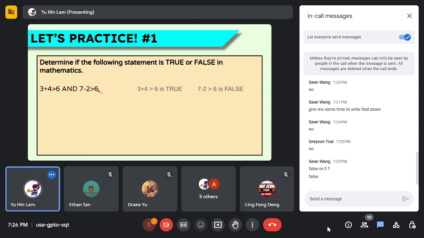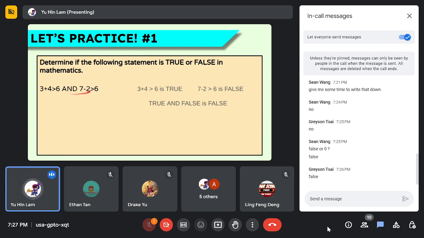And 5 is actually not greater than 6, so this will return a false. So when we have true and false, it's just equal to false, since for our AND operator to return true, we need both the first one to be true and the second one to also be true. So the answer for this one would be false.